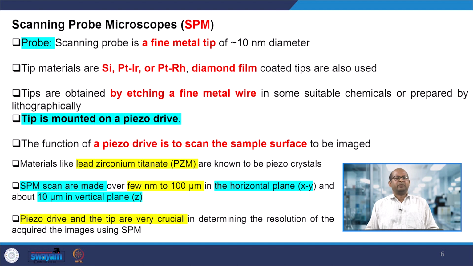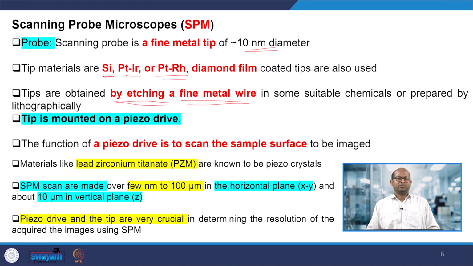It is made of silicon or platinum iridium, platinum rhodium, with diamond films coated over the tips. The tips are usually prepared by etching a fine metal wire, and once it is etched, fine tips are formed. The diameters are very small, in the nano range, approximately 10 nanometers.